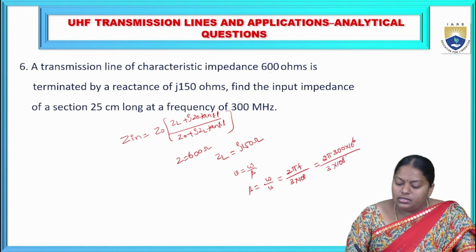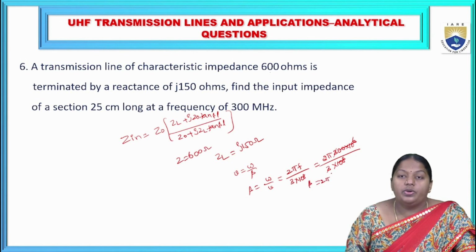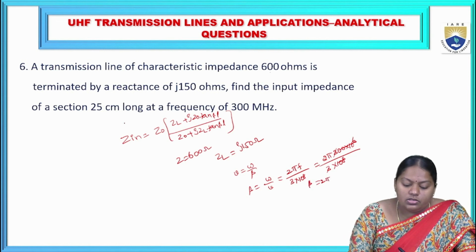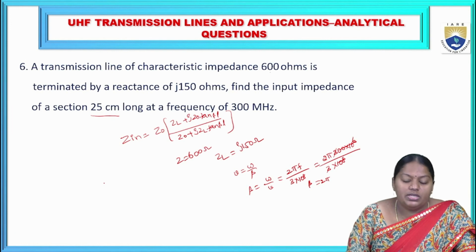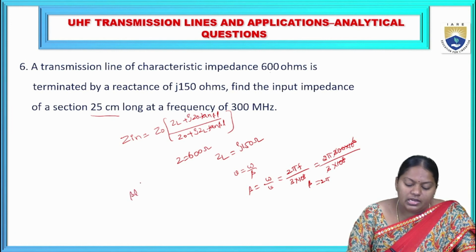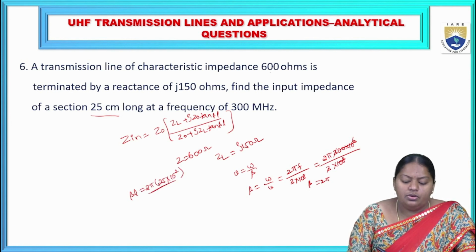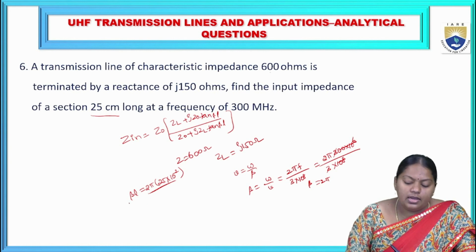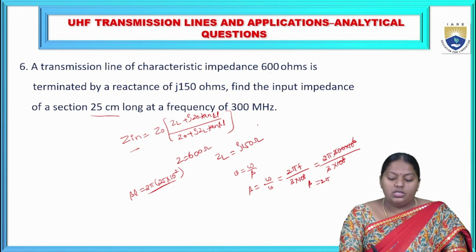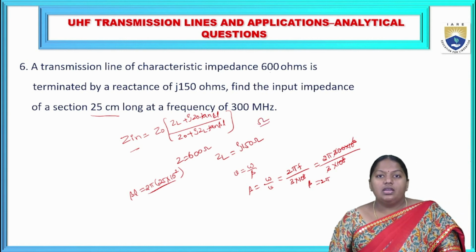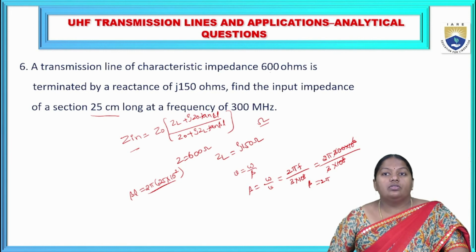So the 10 power 8 and 10 power 8 get cancelled, the 3 gets cancelled, and beta equal to 2 pi is obtained. And L value is also given, that is 25 centimeters. First we need to consider beta L value as 2 pi into 25 centimeters. Upon simplifying this, we will get the value of beta L, and this needs to be multiplied over here. Then finally, this Zin needs to be expressed in terms of real and imaginary parts, and it should be measured in ohms.